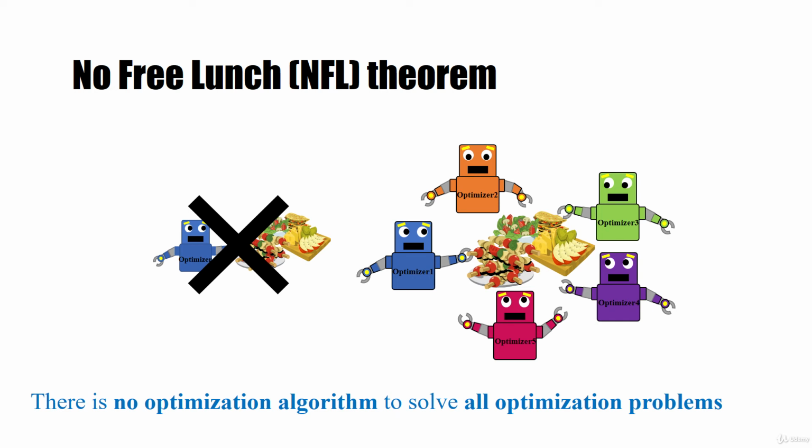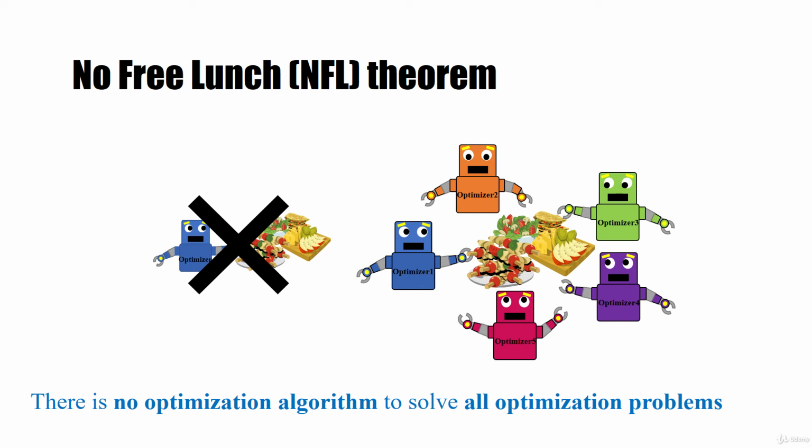According to this theorem, all algorithms perform equally when averaged across all possible optimization problems. Therefore, one algorithm can be very effective in solving one set of problems and not effective on a different set of problems. This is a foundation of many works in the literature.